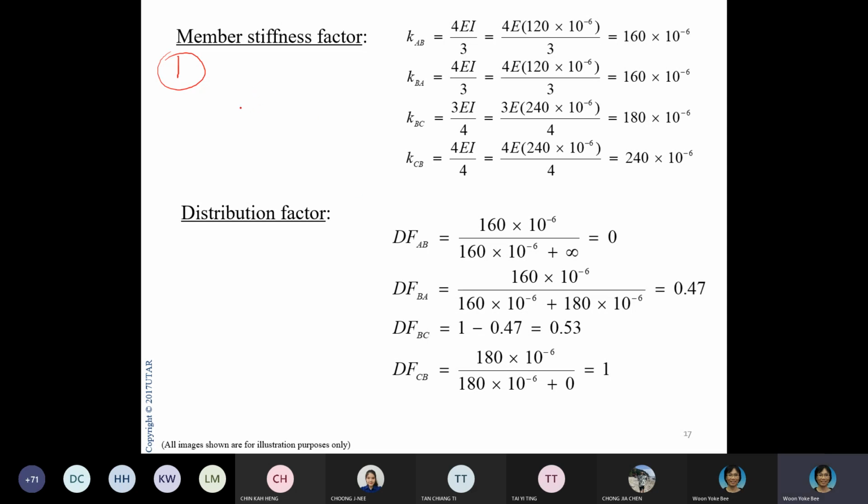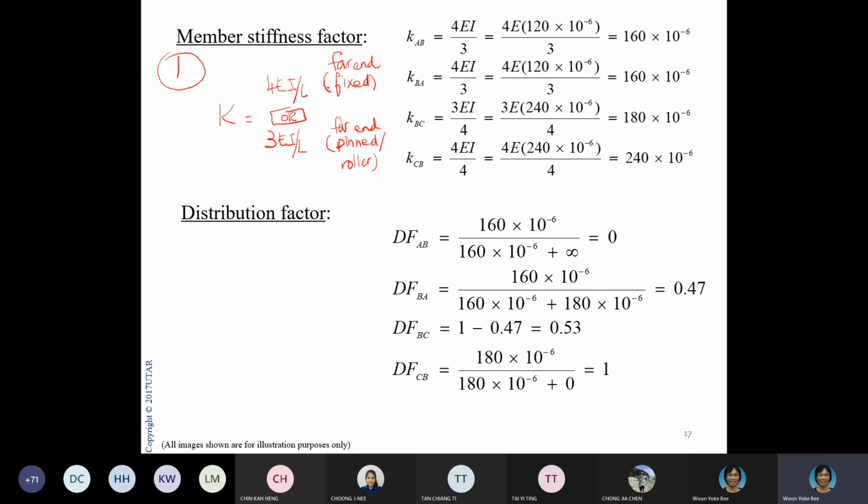If you recall, we had either 4EI over L or 3EI over L. This one was for fixed far ends, and this one was for pinned or roller far ends. Don't forget, it's the far end, not the internal end. The far end is fixed, or the far end is pin or roller.